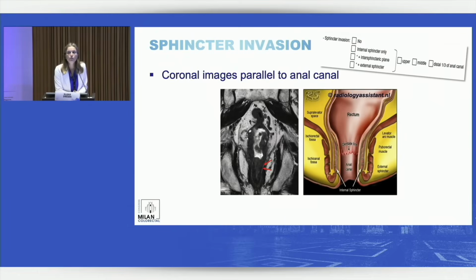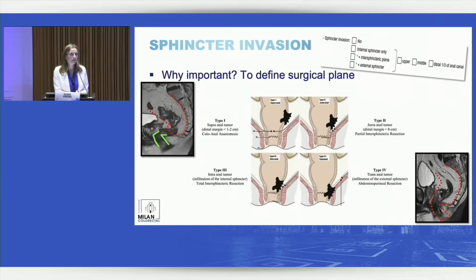Sphincter invasion, I already said, it's really important that the coronal images are parallel to the anal canal to have optimal information about which structures of the anal complex are involved, because that might indeed have influence on your surgical planning.